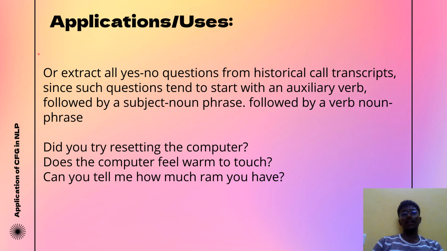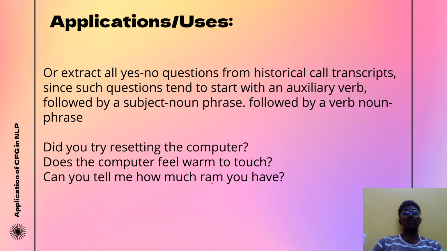Or if I want to extract all yes or no questions from historical call transcripts, since such questions tend to start with an auxiliary verb followed by a subject noun phrase followed by a verb phrase. So auxiliary verb: did you try resetting the computer? Subject noun phrase: the computer. Verb phrase: feel warm to touch.